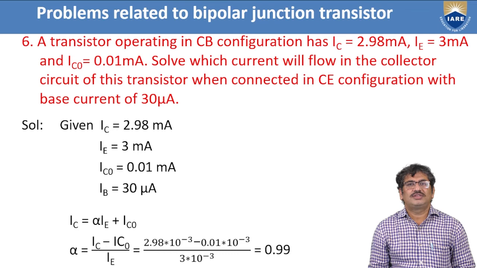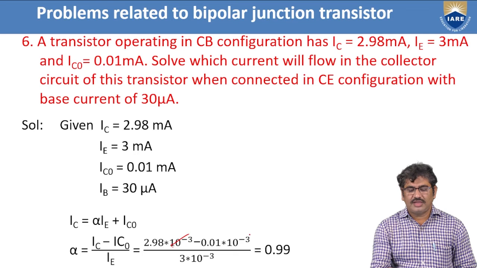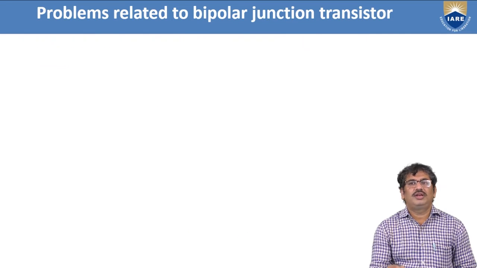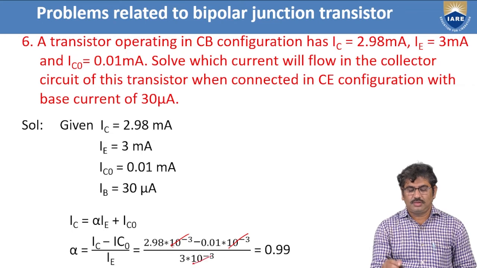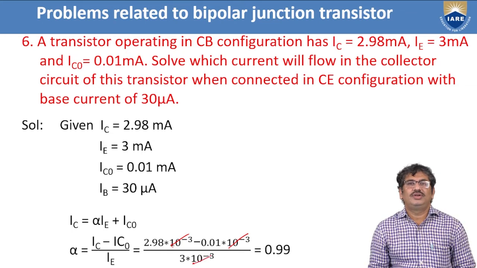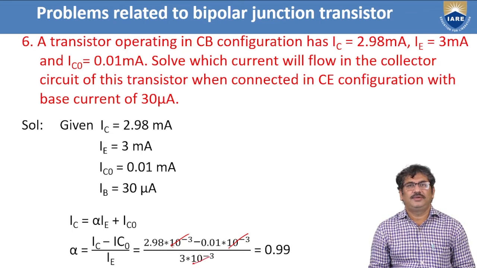Upon substituting the corresponding values, IC as 2.98 into 10 power minus 3 and ICO as 0.01 into 10 power minus 3, divided by IE as 3 into 10 power minus 3. 10 power minus 3 will get cancelled in the numerator and the denominator, which will give us alpha equivalent to 0.99.